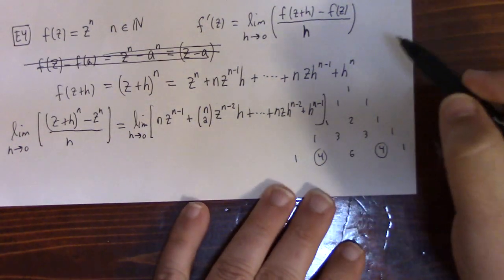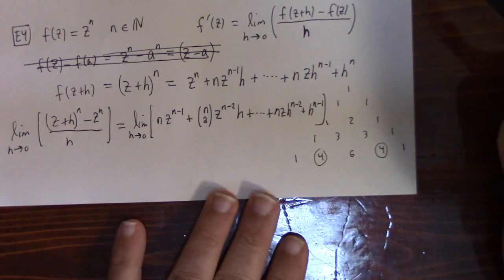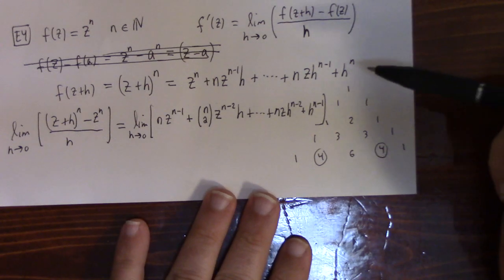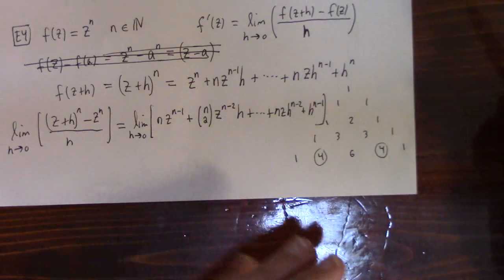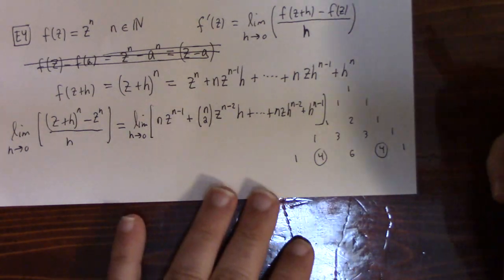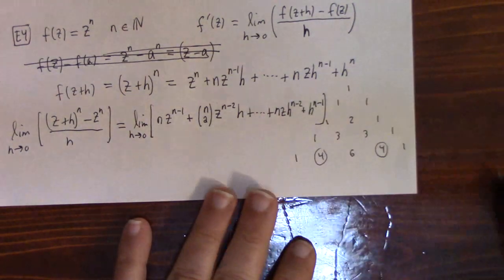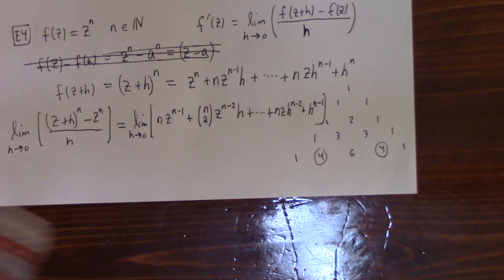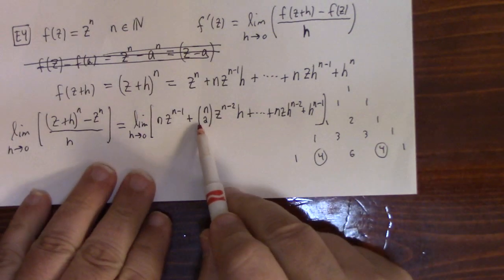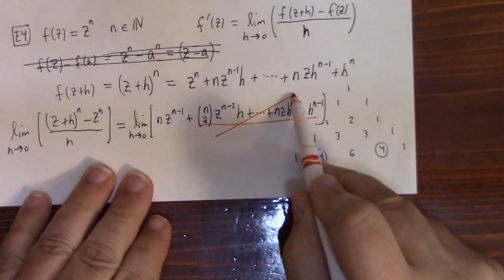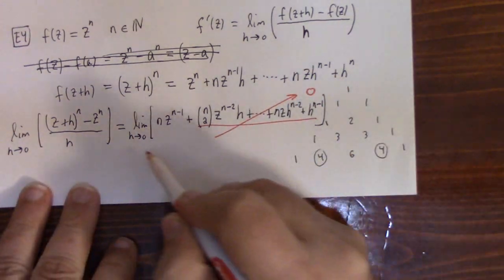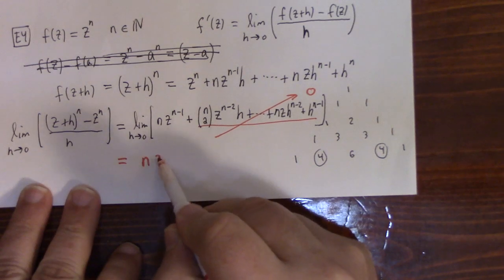Anyway, the point is, here we're assuming n is greater than or equal to 2, I guess, if you want. But anyway, all of these terms have at least an h on them. And as h goes to 0, this whole piece goes to 0. And you're just left with, of course, n z to the n minus 1.